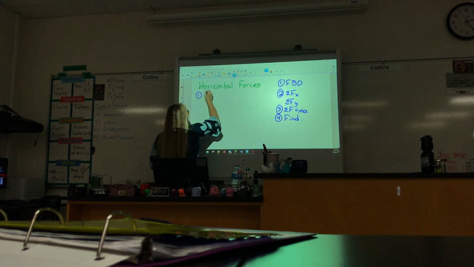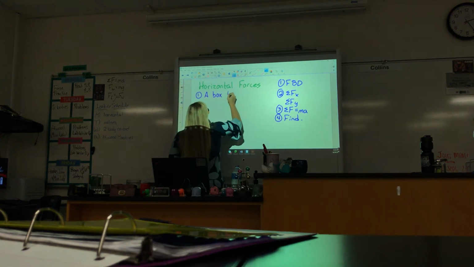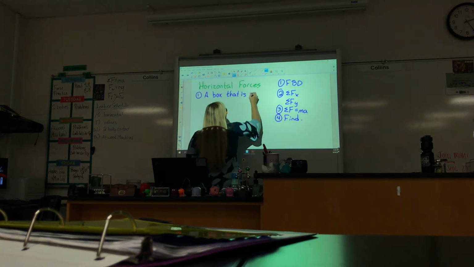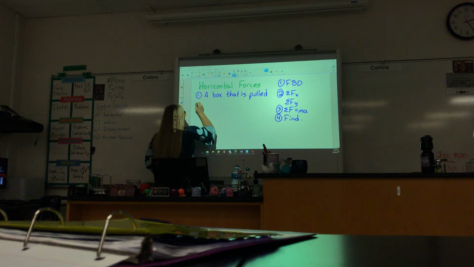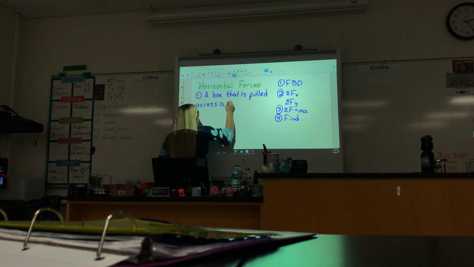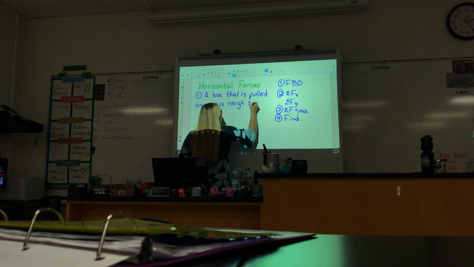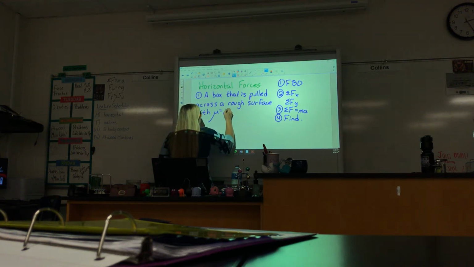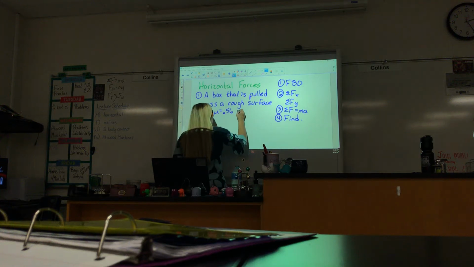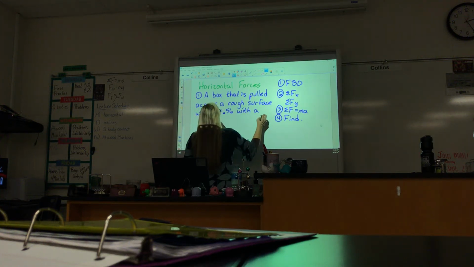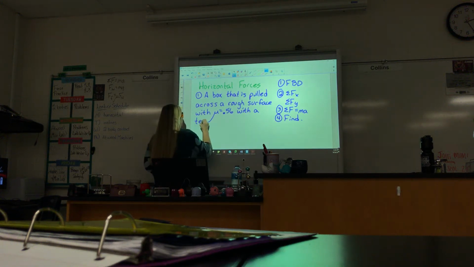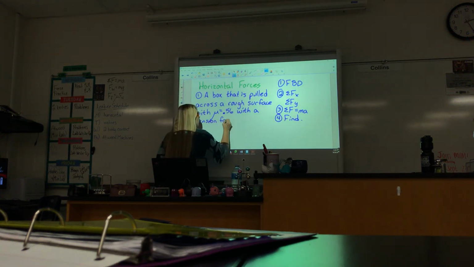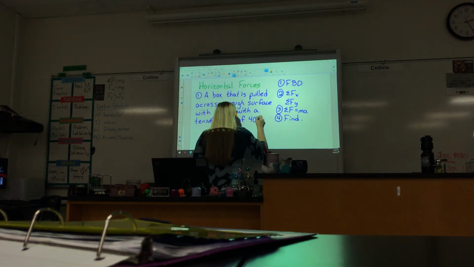Let's say that I have a box that is pulled across a rough surface with a coefficient of friction of 0.56, with a tension force of 40 newtons.